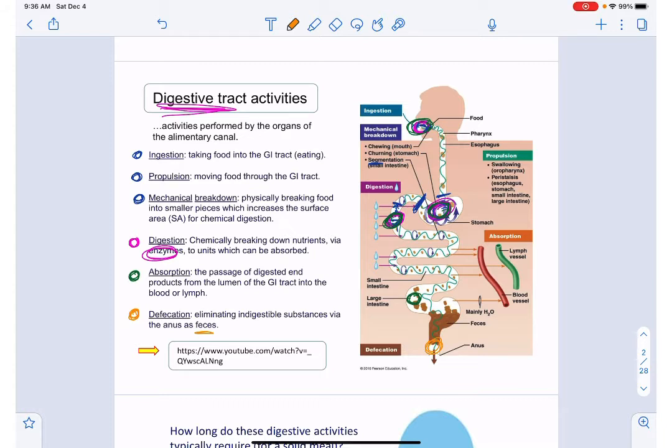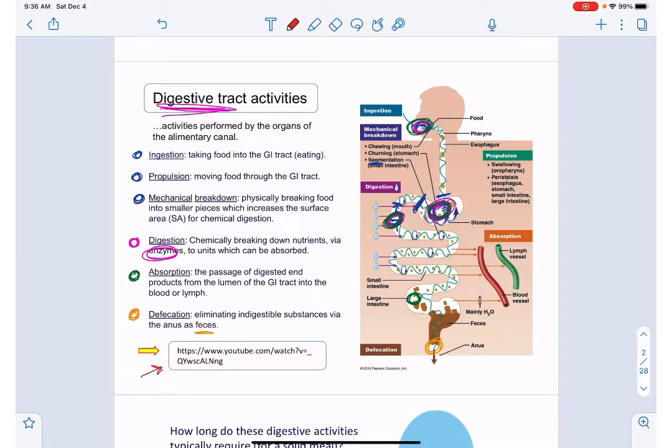So that's it. As we go through all the different parts of the digestive tract, the digestive system, we're going to encounter these different digestive activities. And something I dare you to do is, because these digestive tract activities are efficient and necessary, but not a pretty process, there's a video that goes through it.